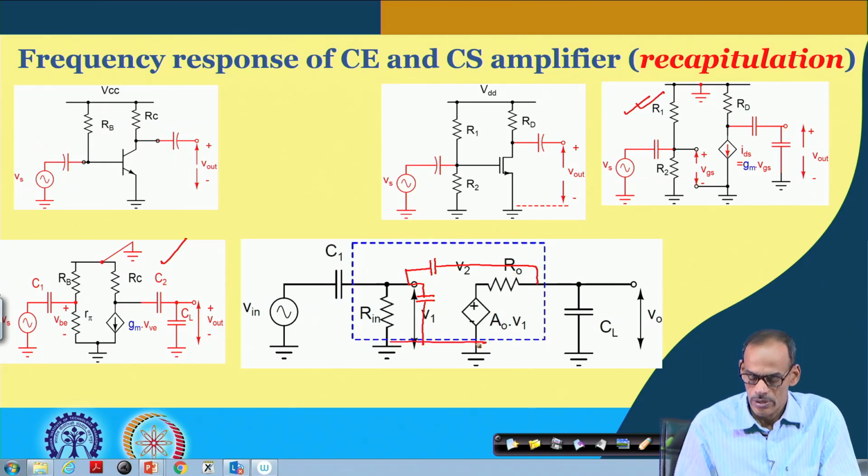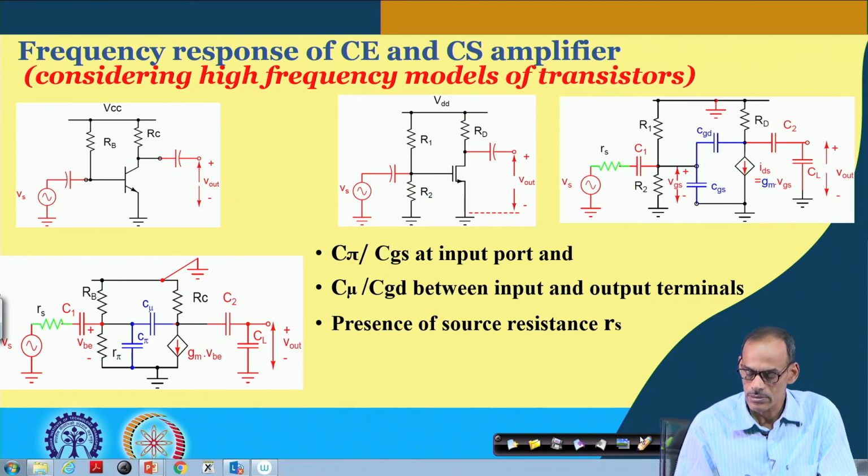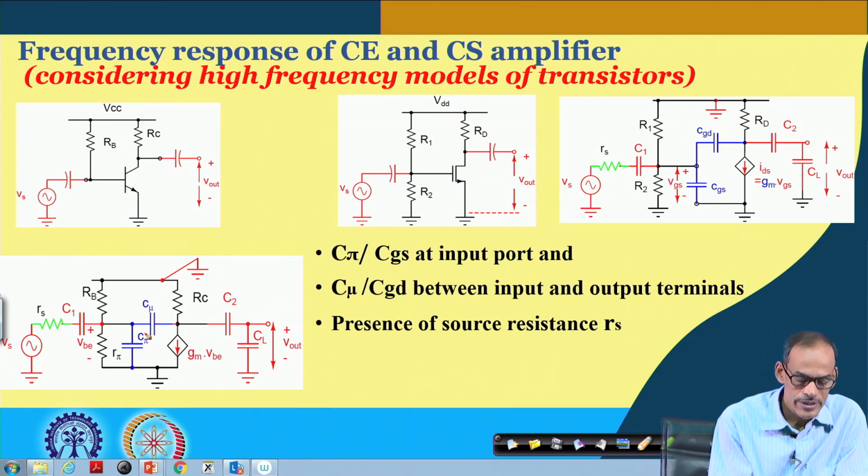So, what we have to consider now is given here: as I said just now, we need to consider C pi and C mu for the common emitter amplifier.